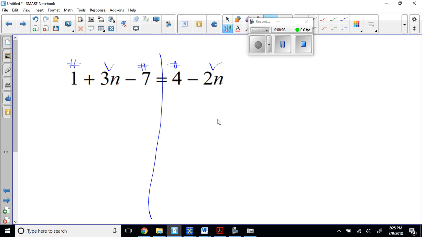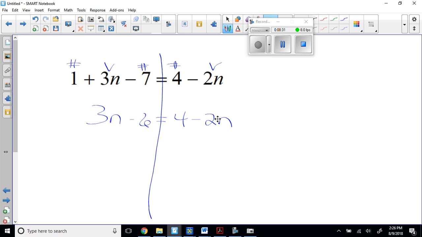Ladies and gentlemen, do you see something on the left side of this equation? I see 2 numbers. Can I have more than one of the same thing per side? I do not need that. So I need to combine. What is 1 and negative 7? Negative 6. Good job. 3n minus 6 equals 4 minus 2n.